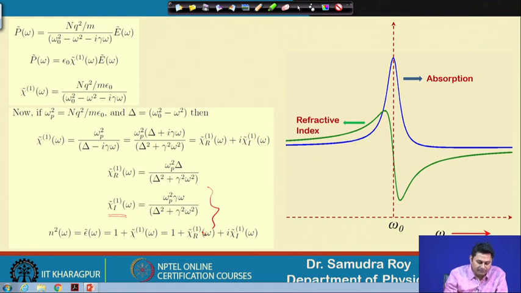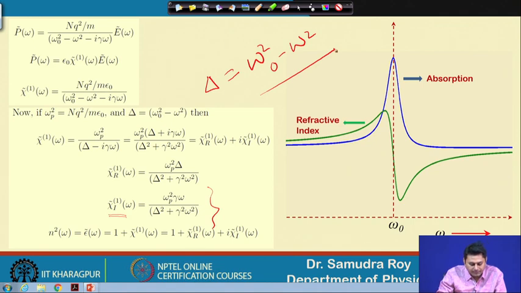If I increase omega, there is a value of omega where the delta term, which is related to omega 0 squared minus omega squared, will vanish. So at omega equal to omega 0, I will have a maximum, because this term vanishes.